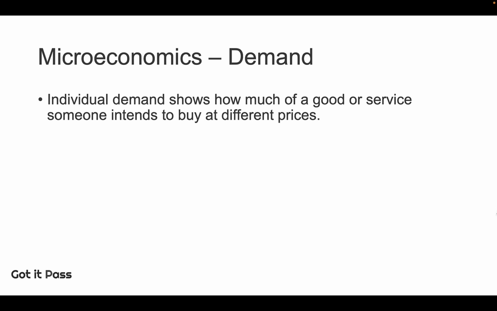Individual demand shows how much of a good or service someone intends to buy at different prices. So we have 2 key elements or variables here for individual demand. First, the good or service someone intends to buy. That is the quantity, the units of goods, for example.